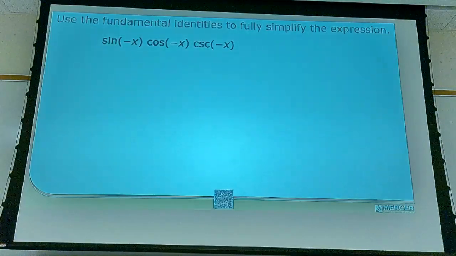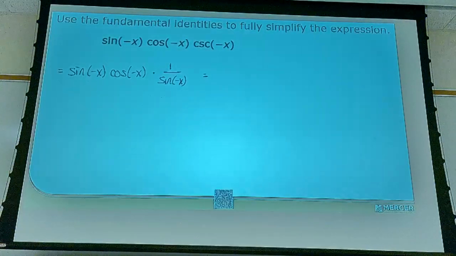So let's take a look at this one. Why not? Want to use the fundamental identities to fully simplify this expression. The first one I'm going to start with is to write cosecant in terms of sine, right? What's cosecant? 1 over sine. Which is what, if we now simplify that?